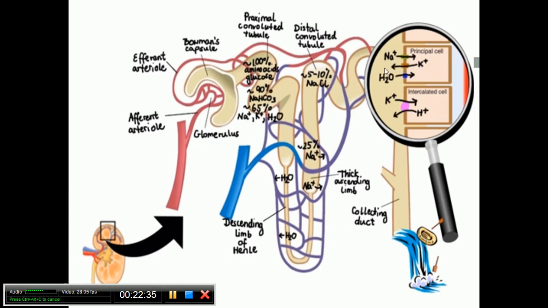secreted or excreted out. So remember, in all the next slides, any substance that is moving from left to right, from here to here, will be reabsorbed back into blood. For example, it means from the tubule into the blood.